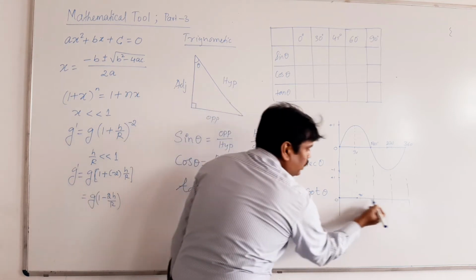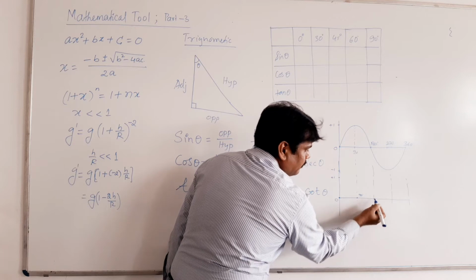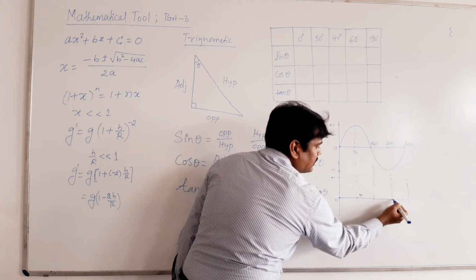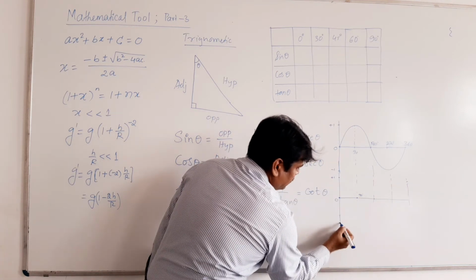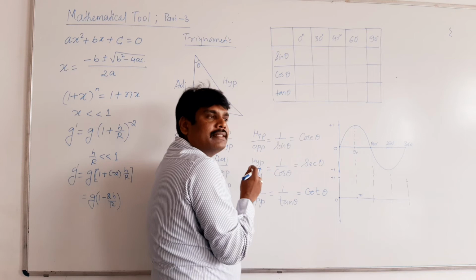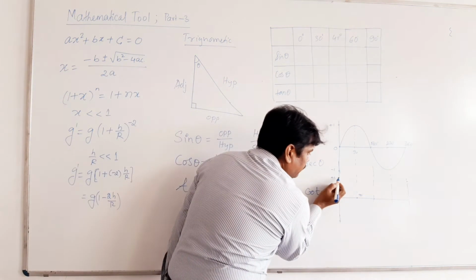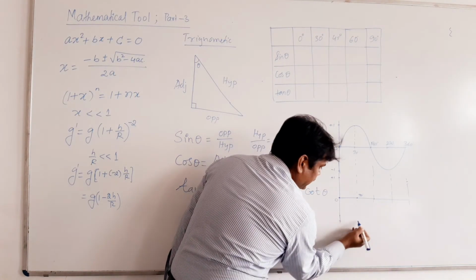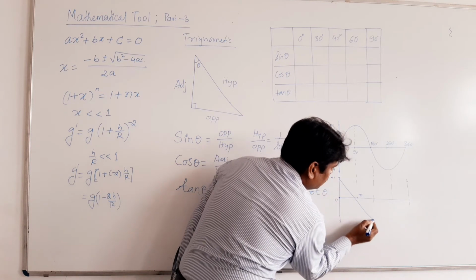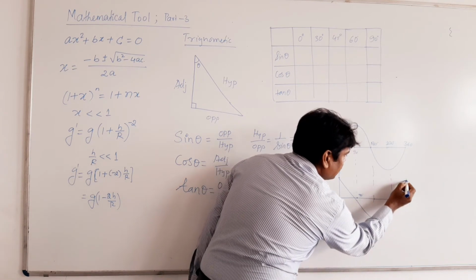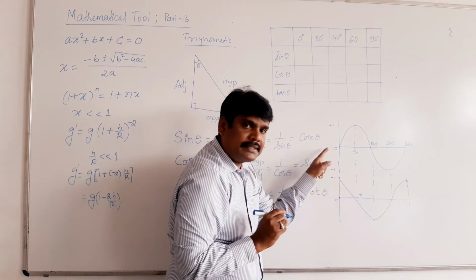From 90 degree to 180 degree it increases in the reverse direction, and from 90 to 270 it again increases and ends at the same position. Its value varies between +1 and -1 only. It means the sine value and cos value vary between +1 and -1. Clear now? This is the cos variation, this is the sine variation.